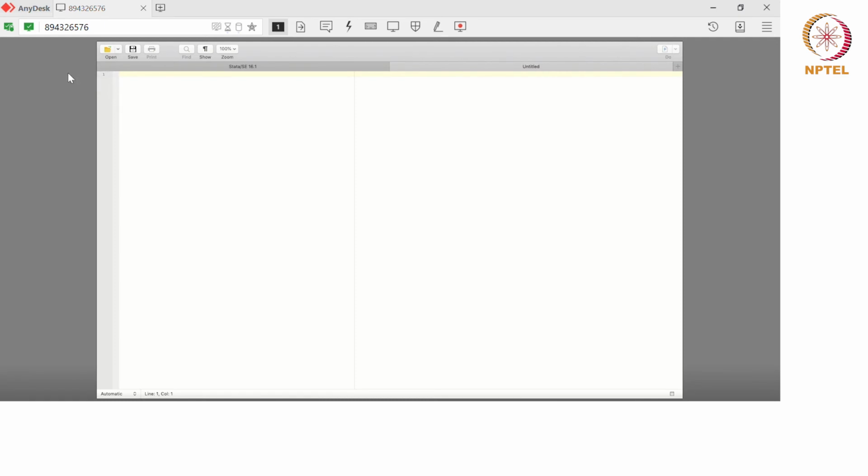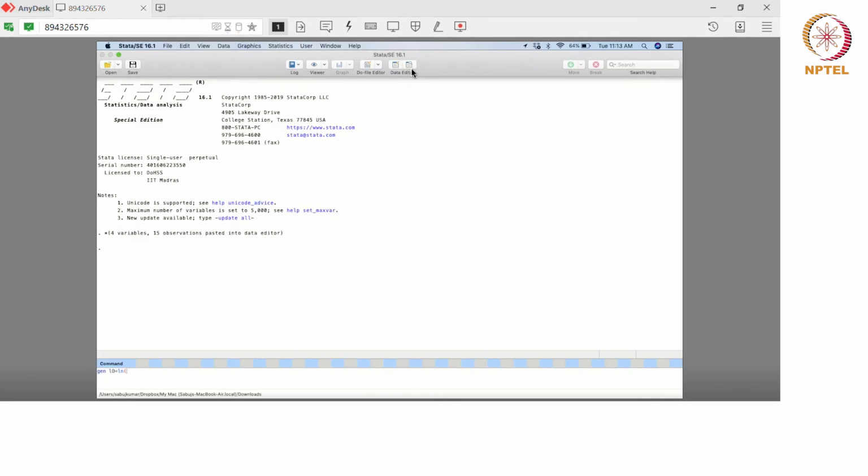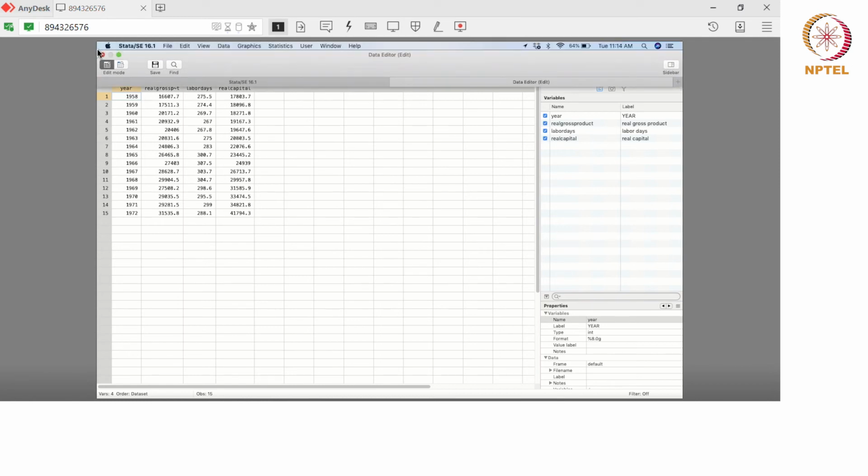Go to the data editor and see how it is defined. When you are converting this variable into log form, you have to put the variable name after the log function, then it will work.